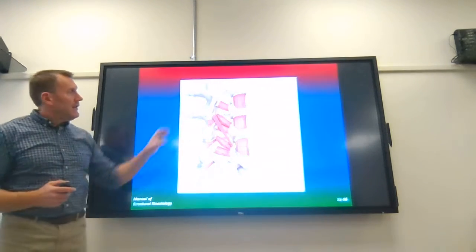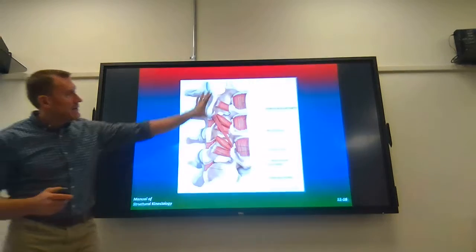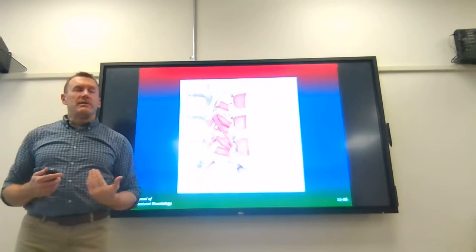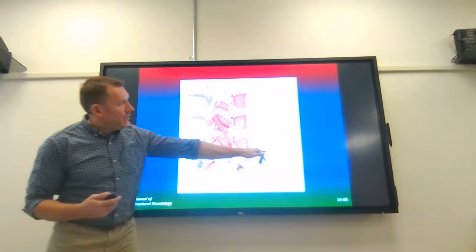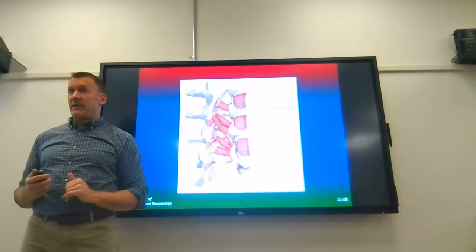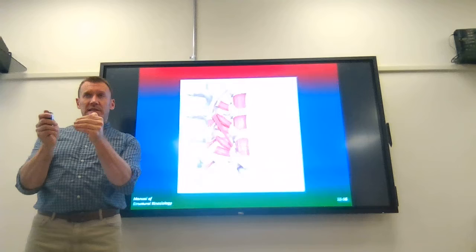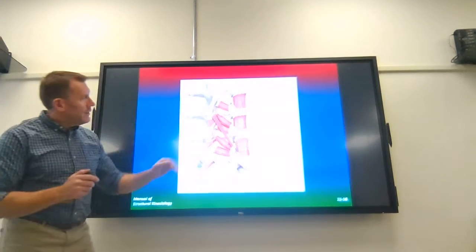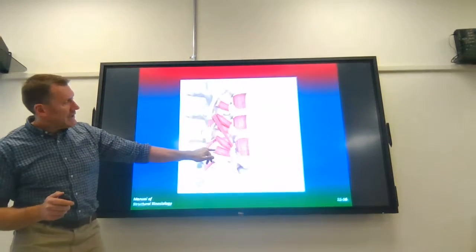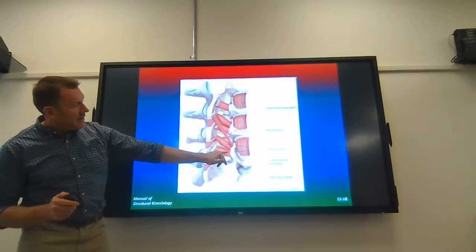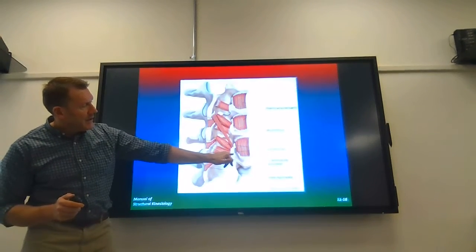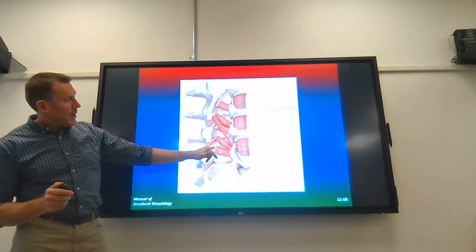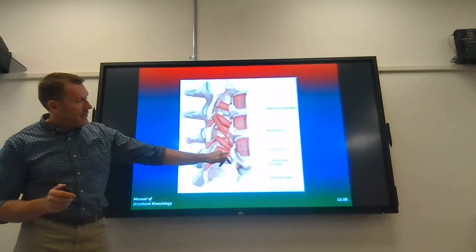Okay? So that's stability from the back, stability from the sides, and then you have a lot of rotary stability as well. So looking at the rotatorus, okay, so that stabilizes the spine against rotary type torque. So if you look at these sections here, you have a section here that connects the superior articulating facet of the vertebrae below with the spinous process of the vertebrae above.